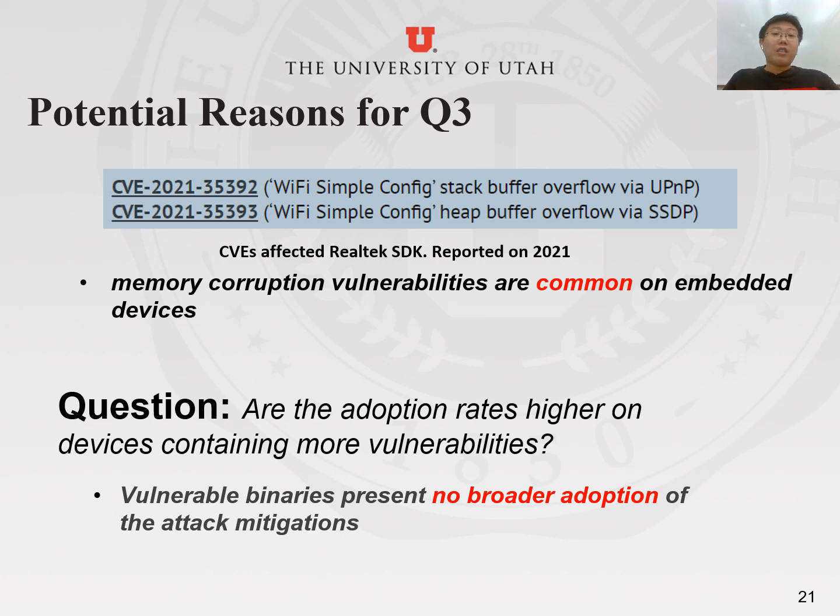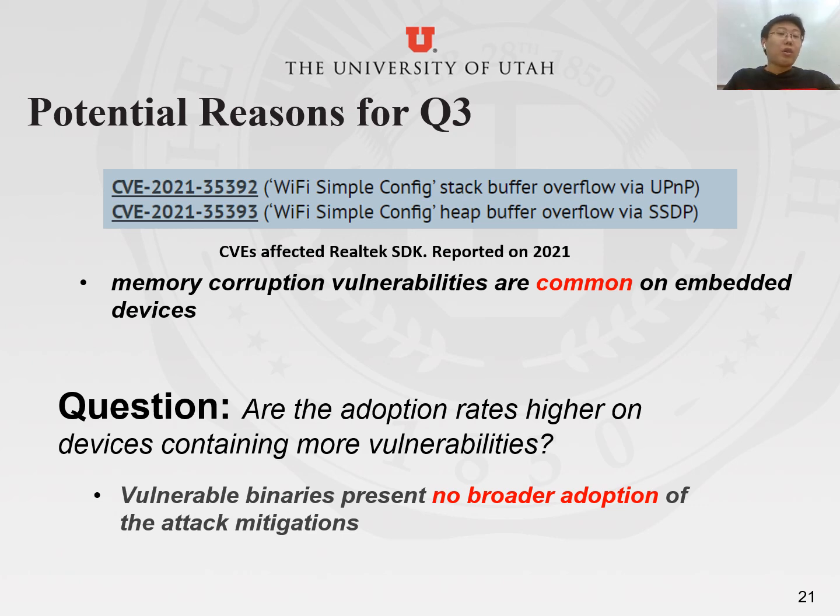On the other hand, we're also wondering, is the low adoption rate of mitigations attributed to the lack of vulnerabilities? We hereby perform a case study of embedded vulnerabilities. It shows that memory corruption vulnerabilities are common on embedded devices.